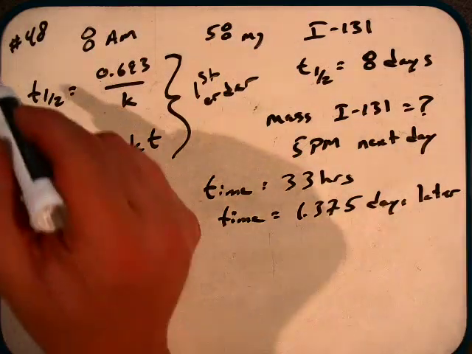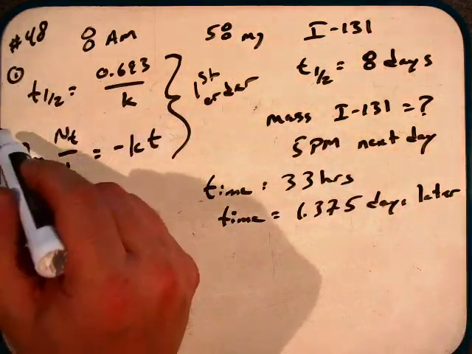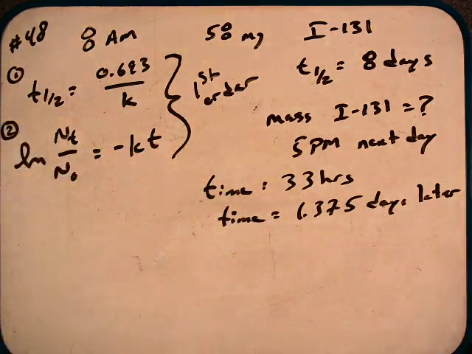So we first need to solve for our k, and then once we have our k, we can substitute that into our first order expression and solve for N sub t, which is going to be that mass of iodine-131 that's still left in the system.